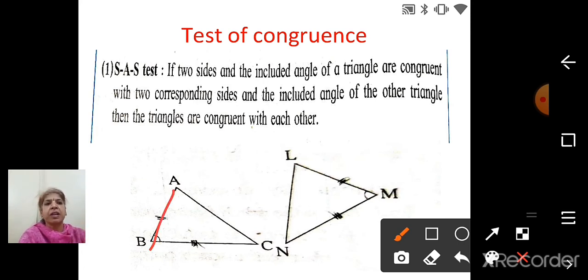AB is congruent with LM and BC is congruent with MN, and the included angle is B. Here the included angle is M. So you can see two sides and the included angle. Same way here, and this is known as side angle side test.